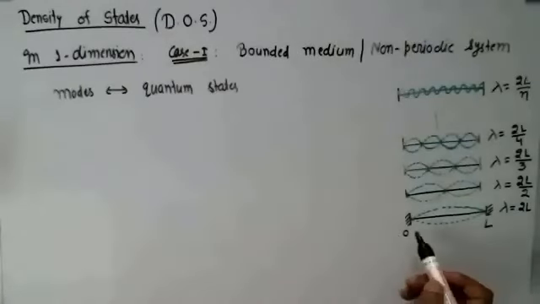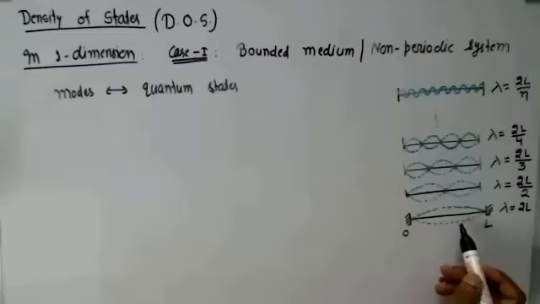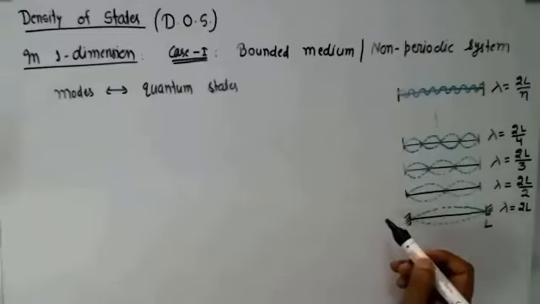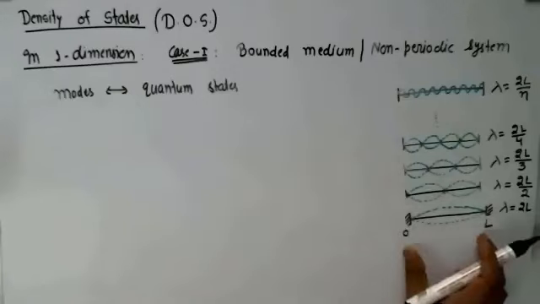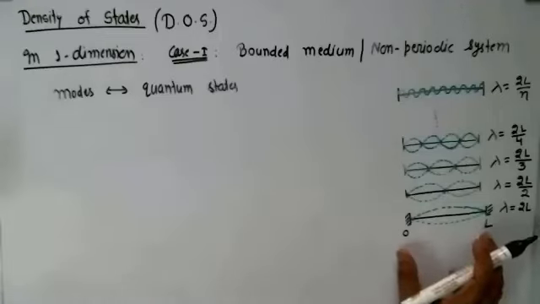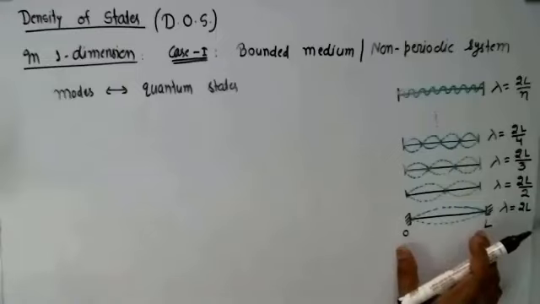So with the same frequency, this rope can oscillate up and down and also in the perpendicular direction. So there are two modes with the same frequency. Generally, when there are two modes of the same frequency or same wavelength, we call these degenerate modes.